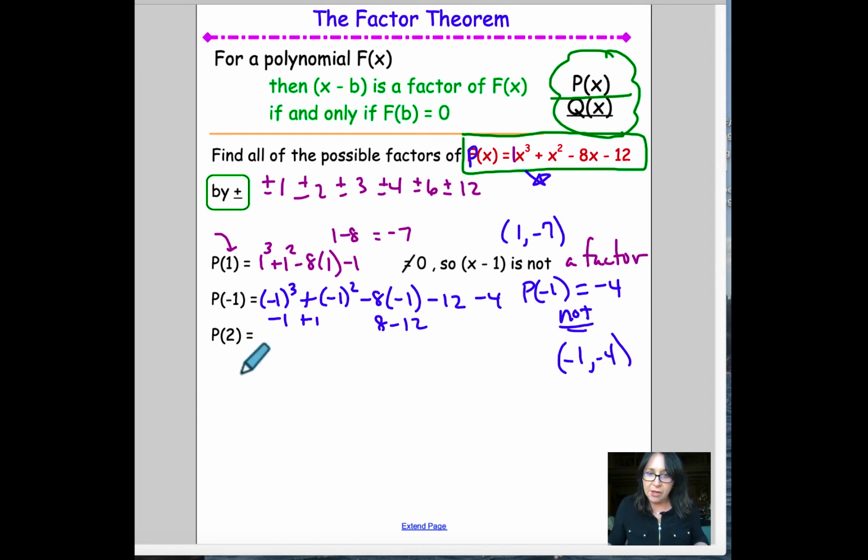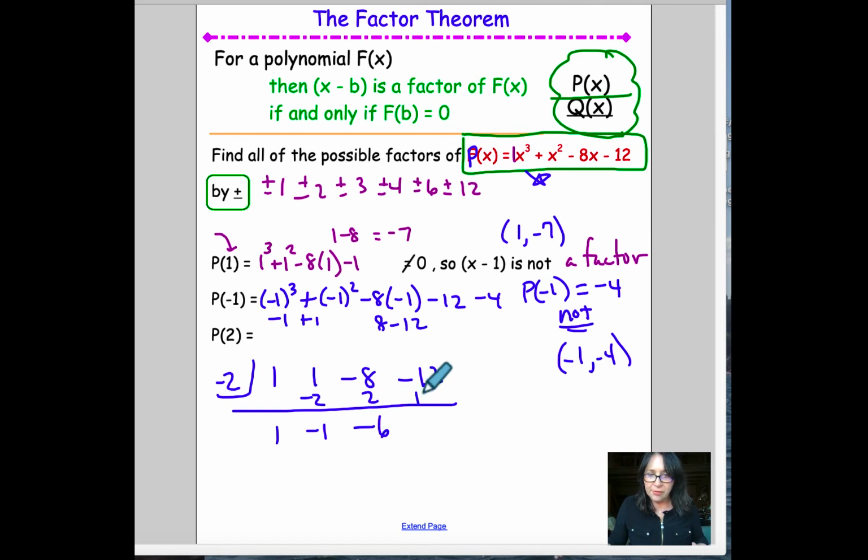So I would plug in negative 2 here. Then I'm going to get 1, 1, negative 8, and then negative 12. And so I'm going to add down, multiply across, add down, multiply across, add down, multiply across, add down.